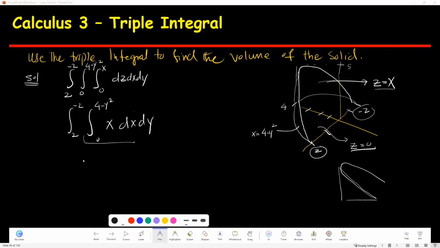Then I solve this one: it's going to be x squared divided by 2, half x squared, with 4 minus y squared, and then 0, then dy.